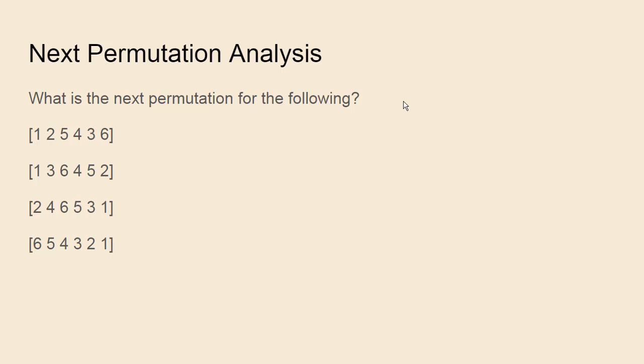If a problem is too hard, try to solve a sub-problem, fixing something, and then have a simpler version, solve that first. Or if we don't have an idea of how to solve a problem in general, let's look at some concrete instances. What are the next permutations for each of these?